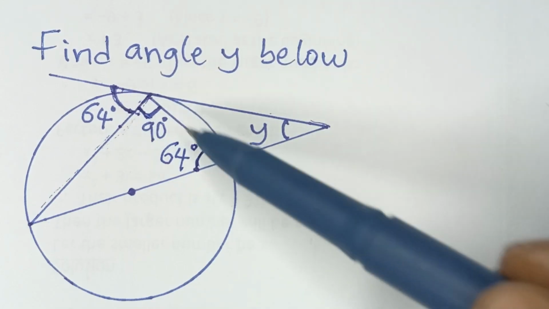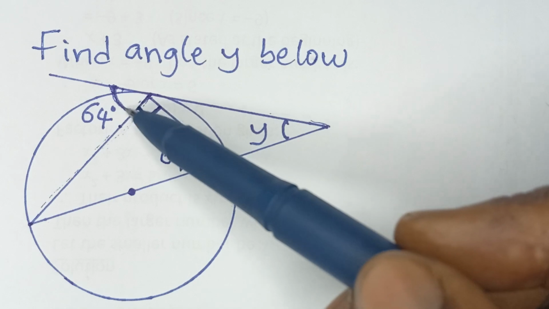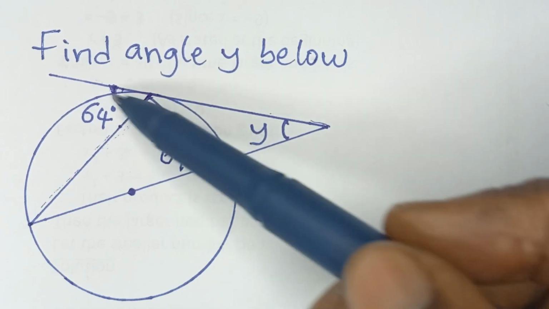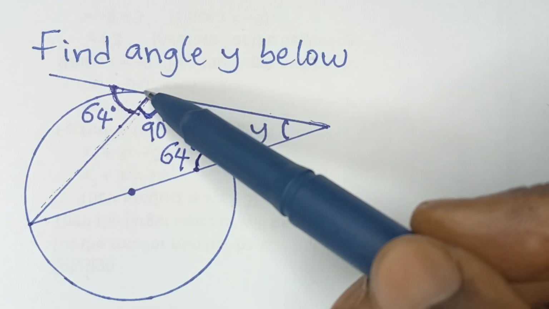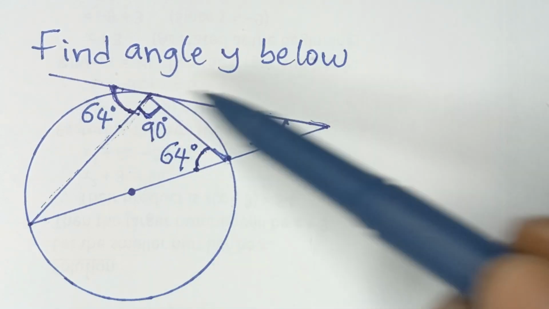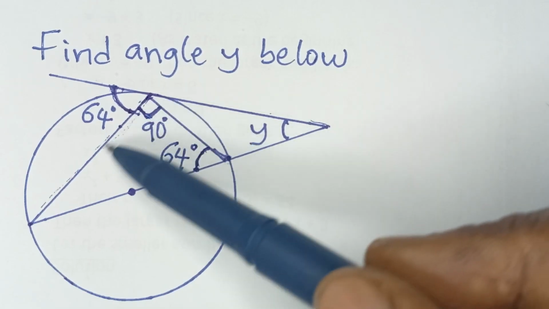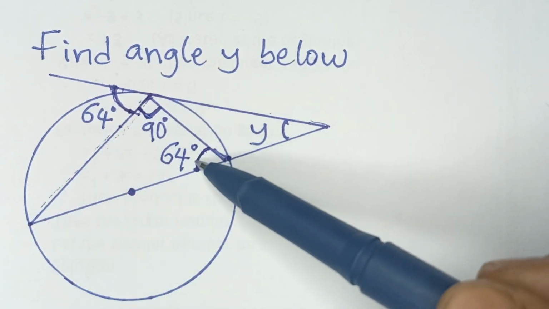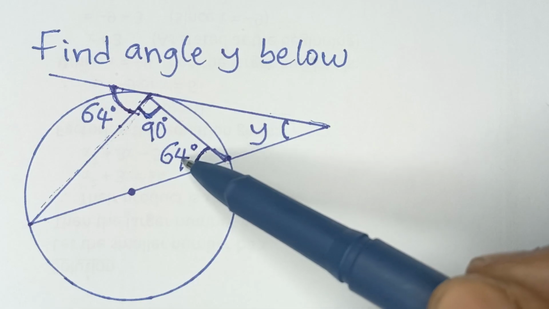Angles in alternate segments are equal. So once you have a chord making an angle with a tangent, that angle will be equal to the same angle that the chord makes inside the triangle that it forms. So this will be 64 degrees.